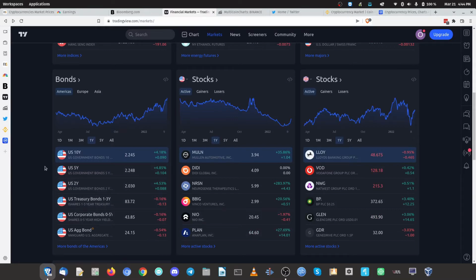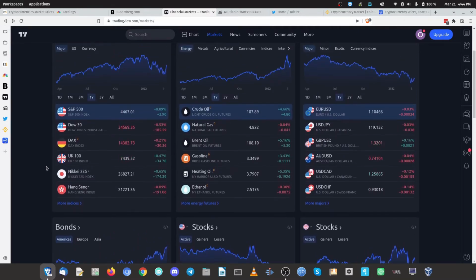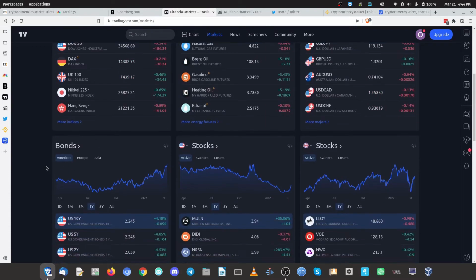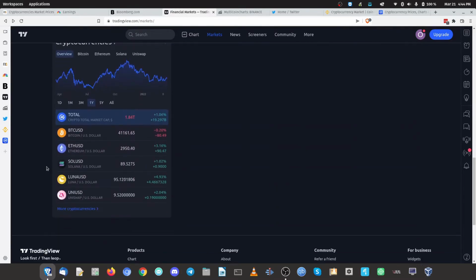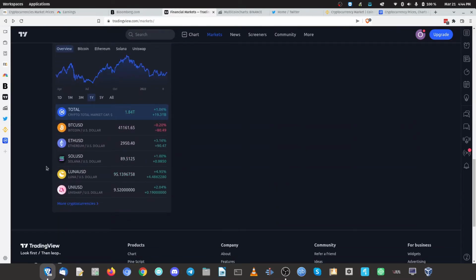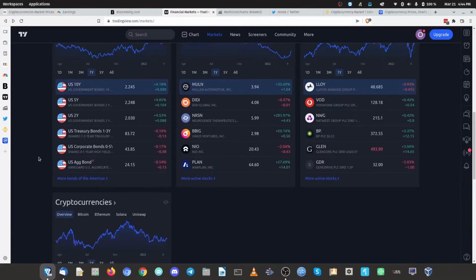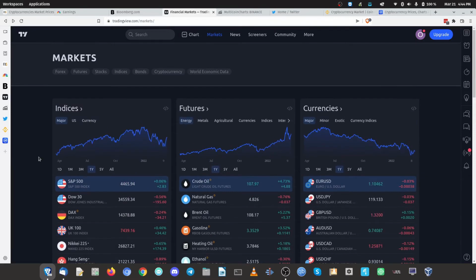So TradingView is amazing because it gives you everything. Whether it's crypto, futures, stocks, I mean, it is simply the single best resource, not just for the charting capability in case you know TradingView, but also for the awareness of what's going on on a macro level.